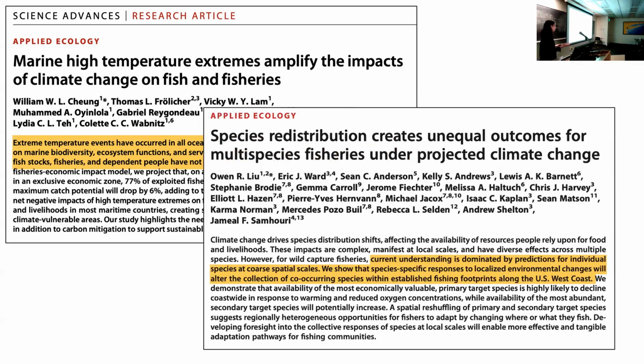They're trying to understand where fish are moving in the face of climate change. Are the populations staying where they are? Are they dying out? Are they going to places they weren't going before? A lot of scientists are trying to understand how climate change is a real issue. What are the impacts for the populations of interest?